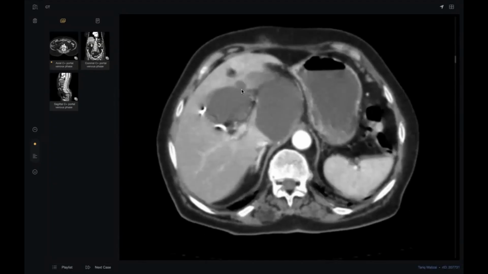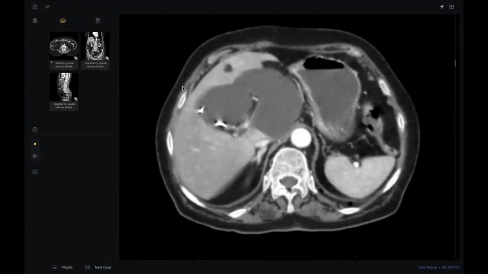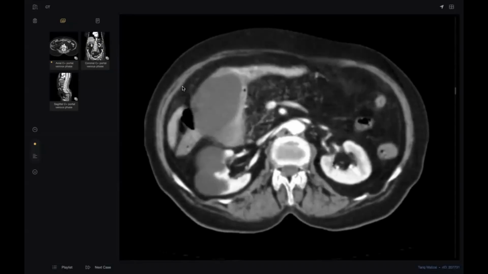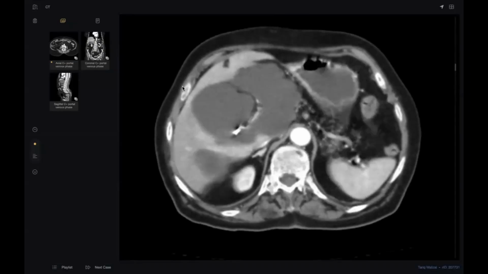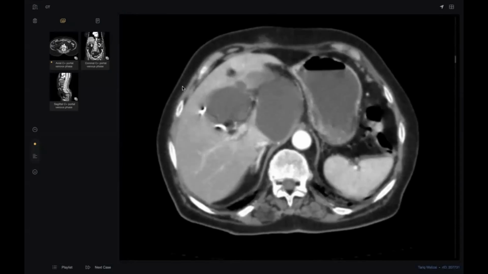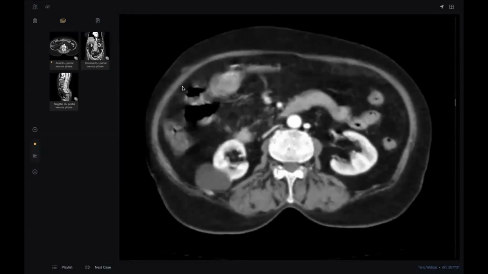Either they insert the needle anteriorly from here or laterally from here, either CT guided or ultrasound guided. Each approach has its specific indication. My colleagues, they will put a port and it will be drained.